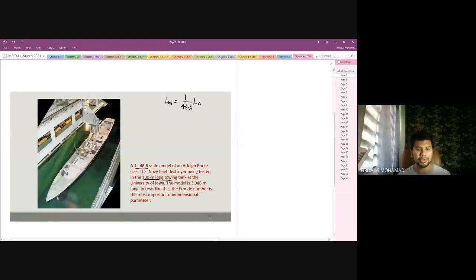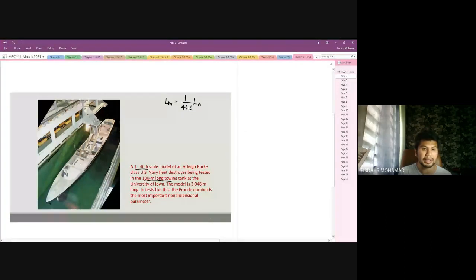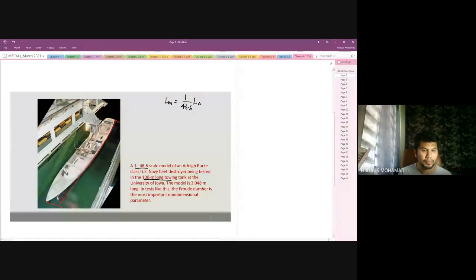The model is 3.048 meter long. Okay, so dia punya panjang only 3 meter, untuk model 3.048 meter.